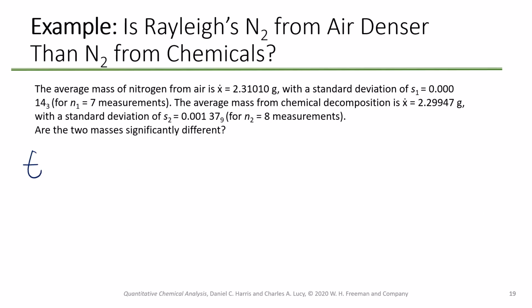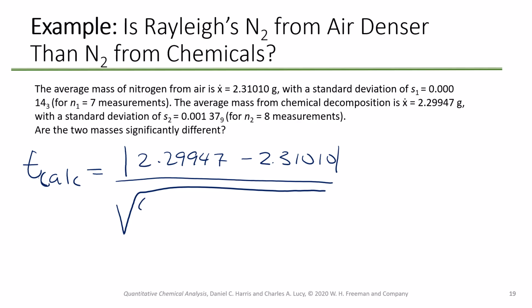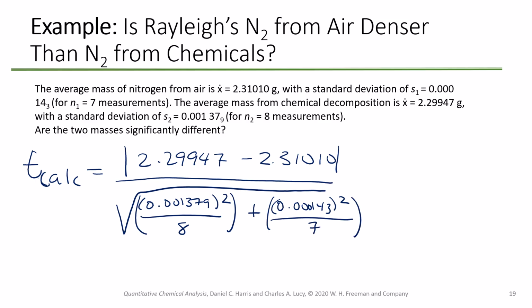So for the t-test for a case 2b, it looks something like this, and I get 21.68, a very big number.